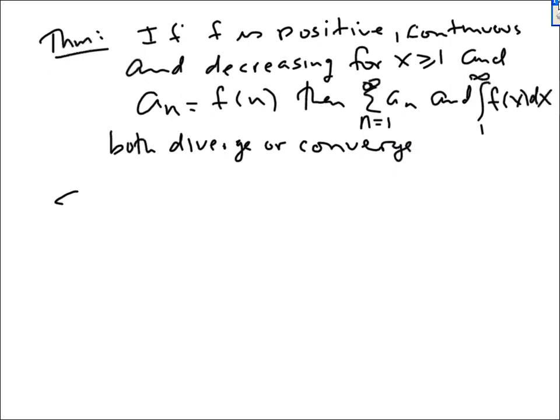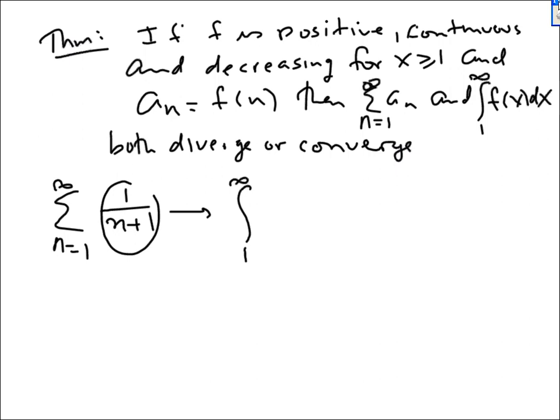If you have the summation as n goes from 1 to infinity of 1 over n plus 1, what you need to do is look at the integral from 1 to infinity of this, but with an x: 1 over x plus 1 dx.